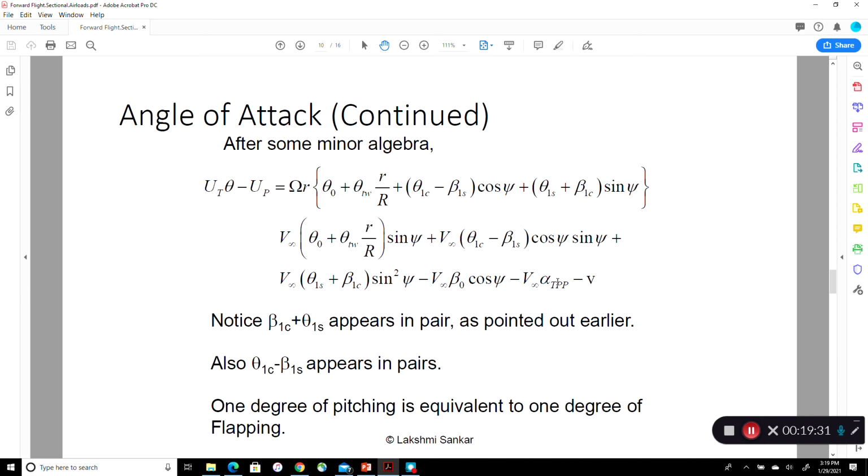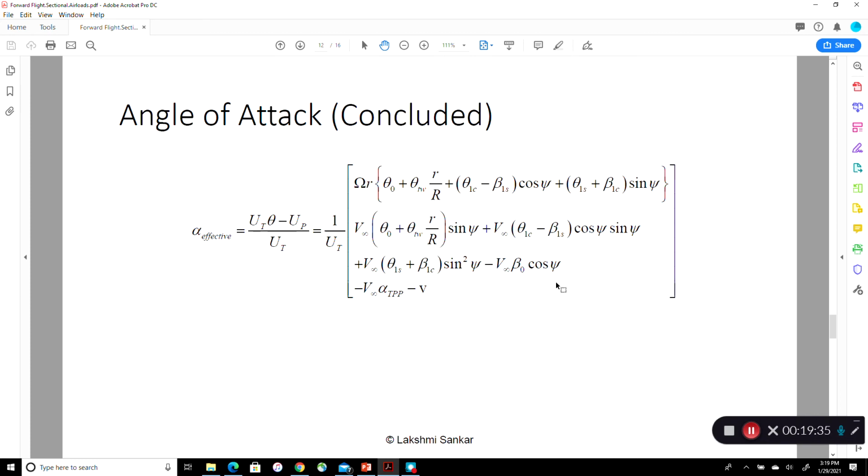That's why we call it alpha tip path plane. Fine. So this is the alpha effective. Comprehensive programs, at every radial location, assuming the pilot inputs are known, will compute this explicitly.